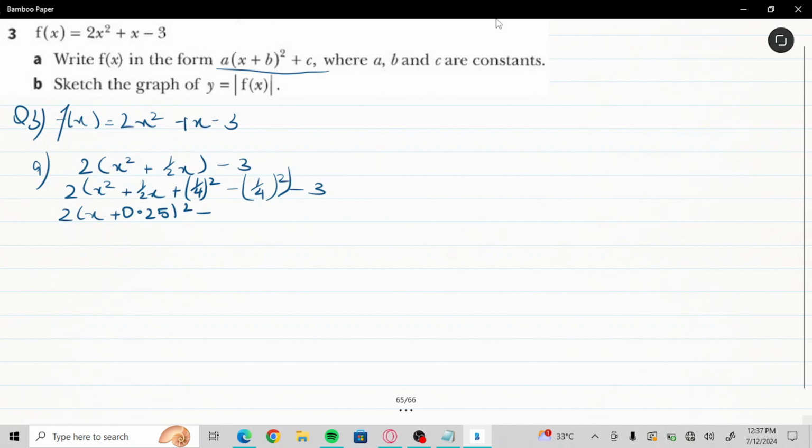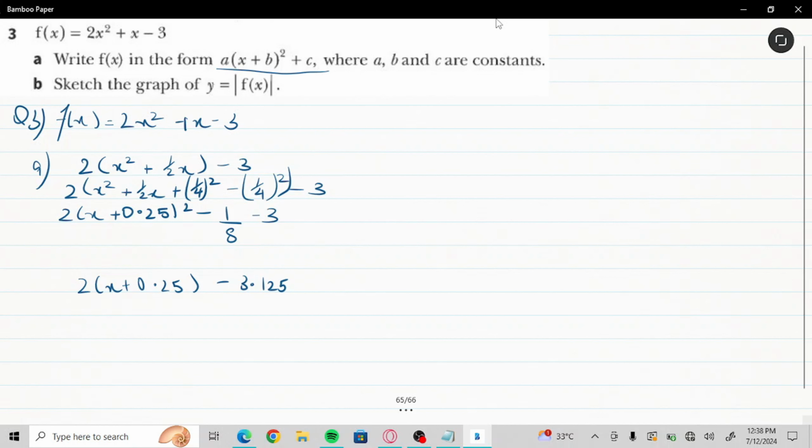So 1 upon 16 multiplied by 2 will give us 1 upon 8, and minus 1 upon 8 minus 3. So 2(x plus 0.25) whole squared minus, and I would give this in decimals, this is going to be 3.125. And that's it. This is what they're demanding of us for question number 3.